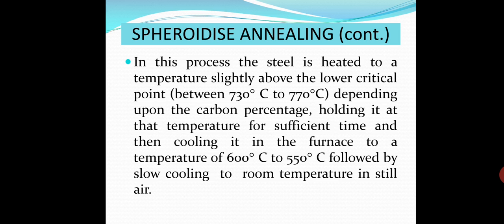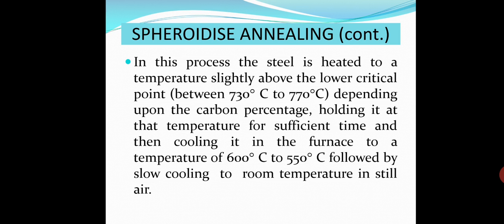In this process, the steel is heated to a temperature slightly above the lower critical point. In process annealing, it was slightly below the lower critical point.